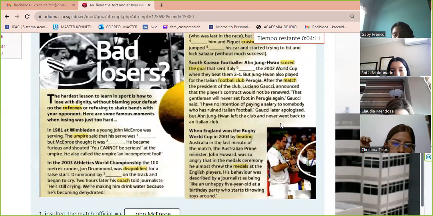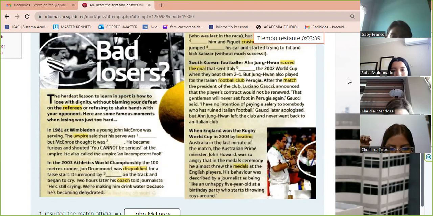After the match, the president of the club, Luciano Gaucci, announced that the player's contract would not be renewed. That gentleman will never set foot in Perugia again. Gaucci said, I have no intention of paying a salary to somebody who has ruined Italian football. Gaucci later apologized, but Ahn left the club and never went back to an Italian club.